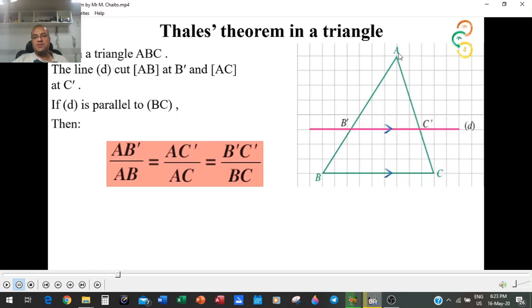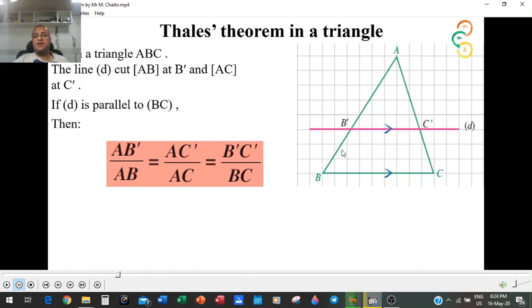Okay, as you can see here, since we started these four segments from the same point, which is the point of intersection of the two lines AB and AC, which is A, we said AB prime over AB. We are in these four segments, we are starting always from A, equal to AC prime over AC. Then we can continue to say is equal to B prime C prime over BC.